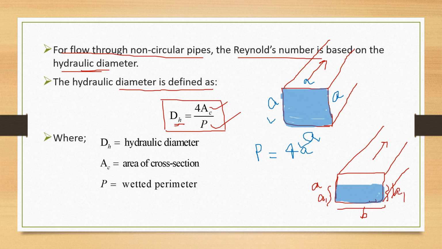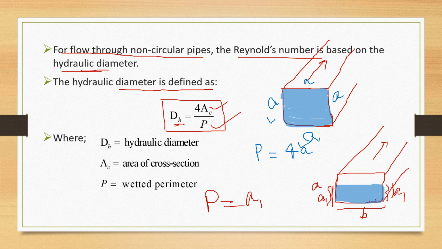In this case, to write the weighted perimeter, P is equal to, we look at the sides or lengths at which the liquid is in contact. On the left-hand side, the liquid is in contact with the length A1. The total length of this side of the pipe is A, but the liquid is in contact with only this much length, which we have taken as A1.